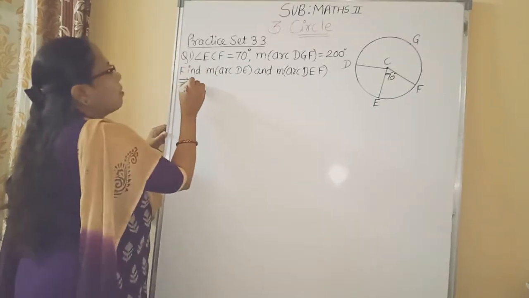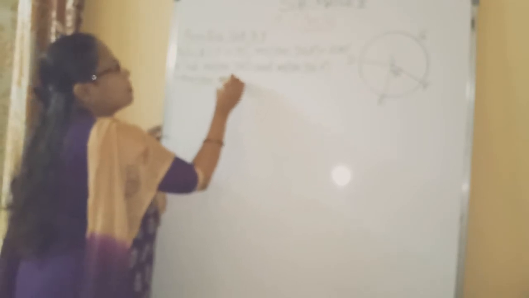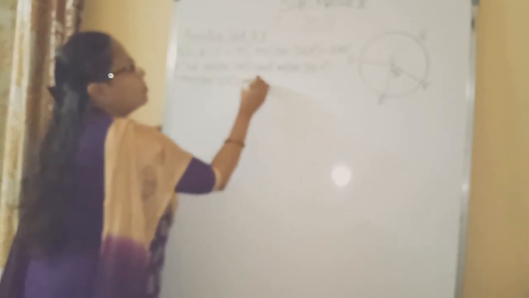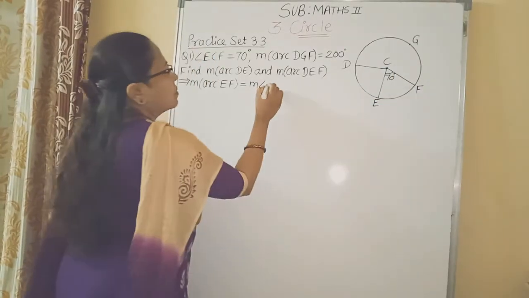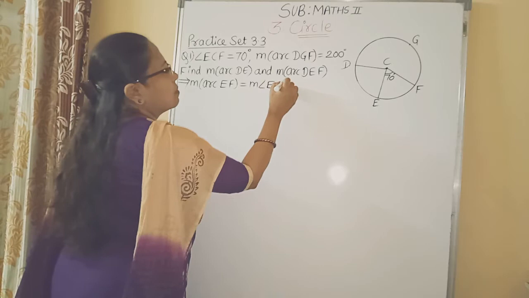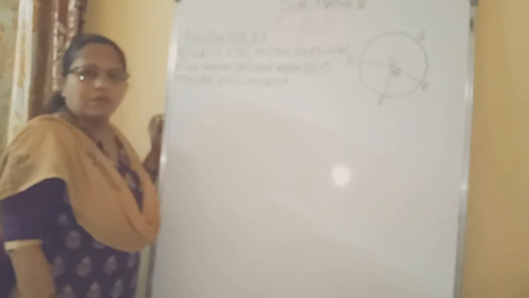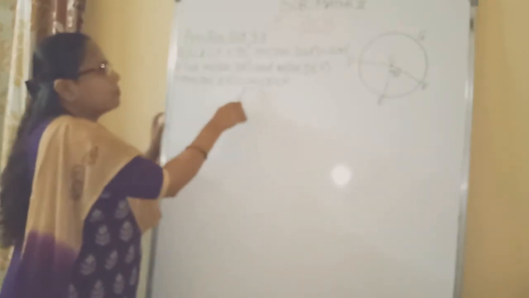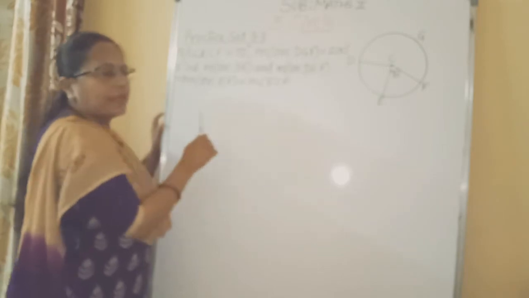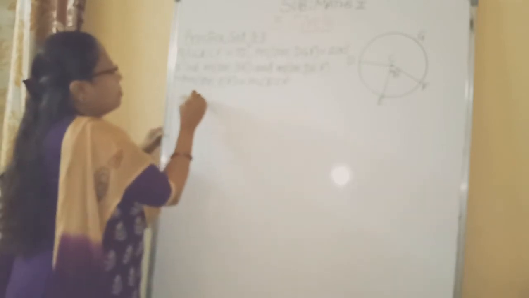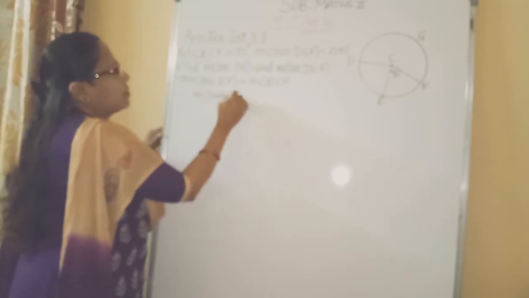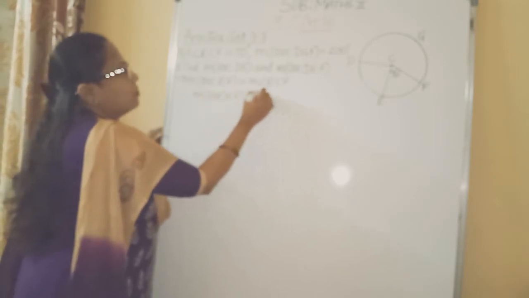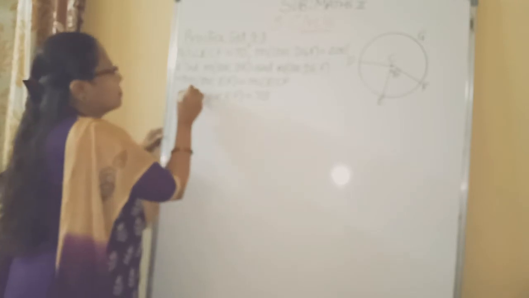So measure of arc EF is equal to measure of angle ECF. Measure of minor arc is equal to measure of corresponding central angle. Therefore, measure of arc EF is equal to 70 degree.